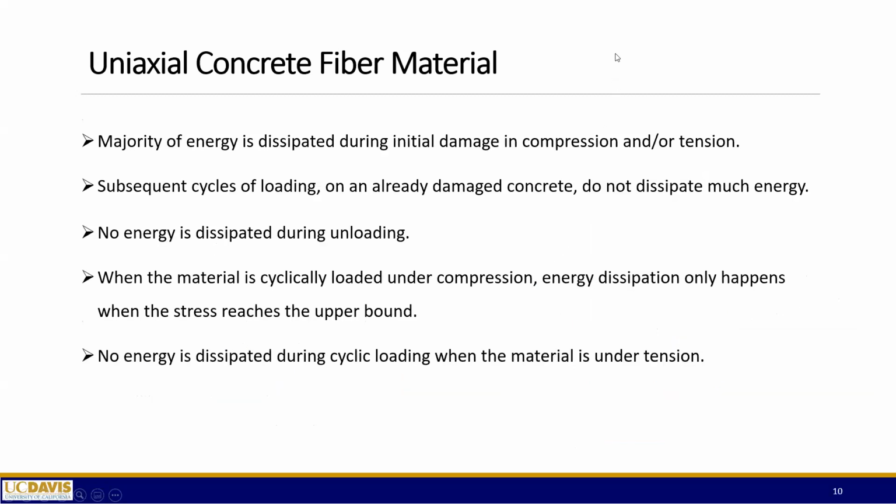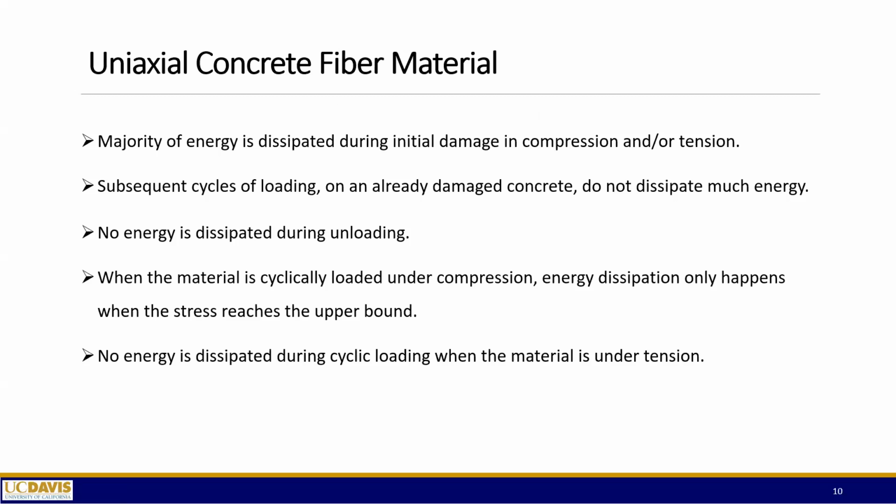To calculate the energy dissipation and all the other energy parameters, we need to come up with a few assumptions or justifications. The first one: the majority of the energy is dissipated during the initial damage in compression or tension. Basically, during the monotonic loading branch, the majority of energy dissipation happens.